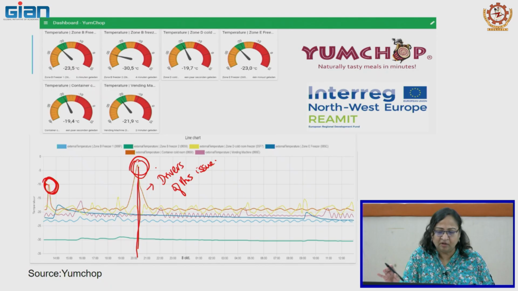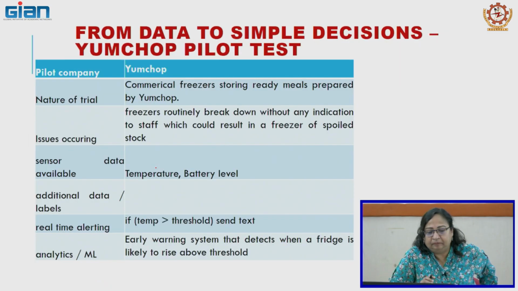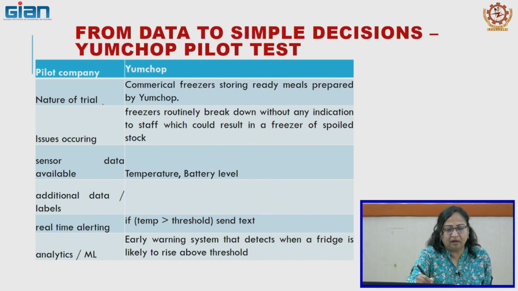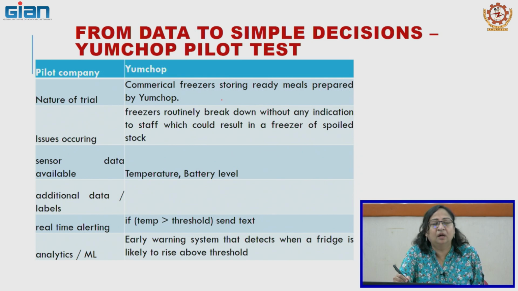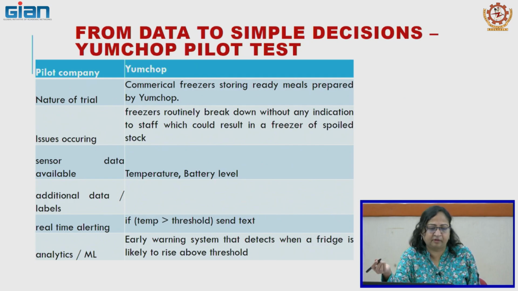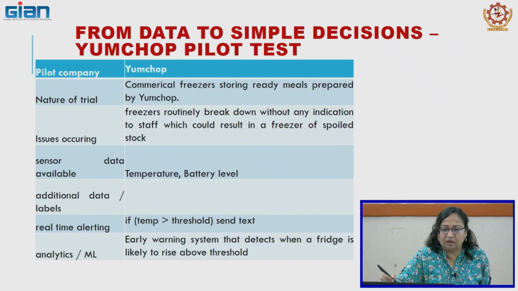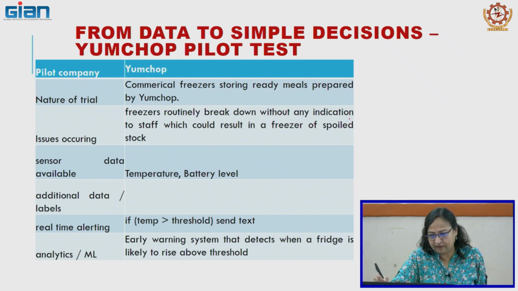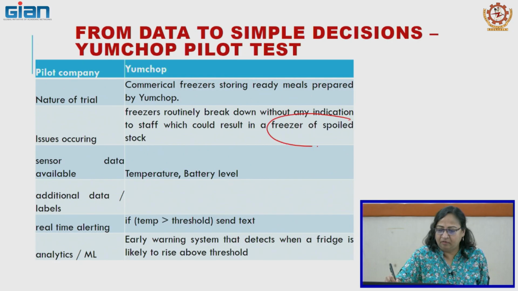So, this is the way we are working with data. Data is used for decision making. The nature of the trial was commercial, so you can ask, if it is for commercial use, how can we use it for the house? You do not need to use it for day to day storing; it is only for the purpose of business, and issues are considered very seriously, including freezers of spoiled stock.